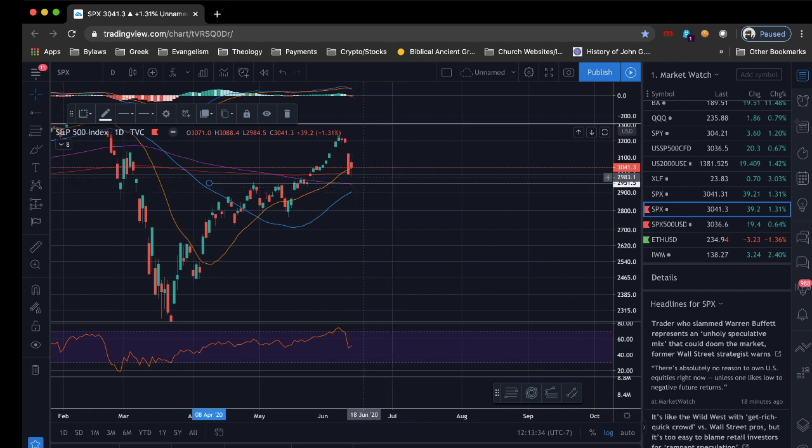So we might find some support in that area. Now, if we actually blow right through that line, again, we have that 2784 that I kept mentioning. Again, these areas are going to be acting as areas of support. So we want to keep an eye on that.